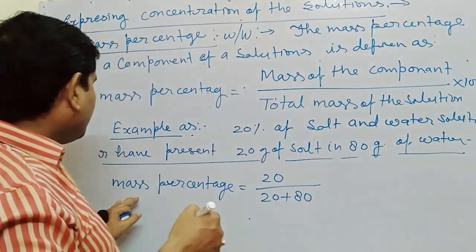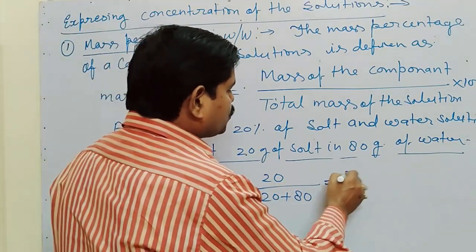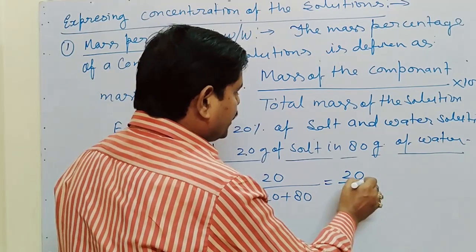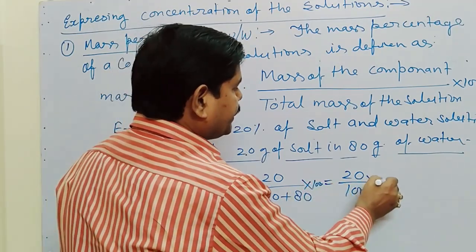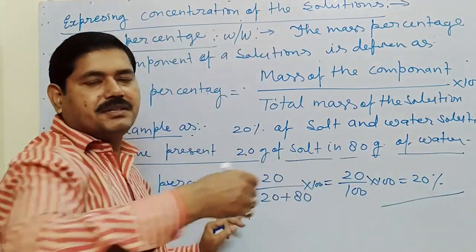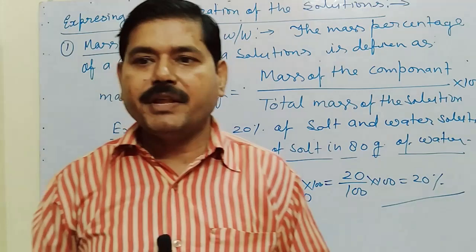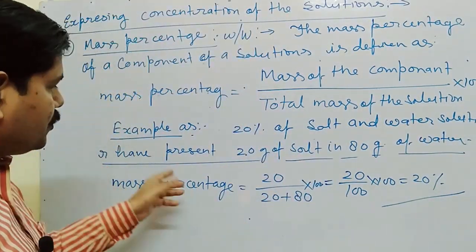So mass percentage is equal to 20 upon 20 plus 80, which is 20 upon 100 multiplied by 100, equal to 20%. Many numericals of this type we solve with the help of this formula.